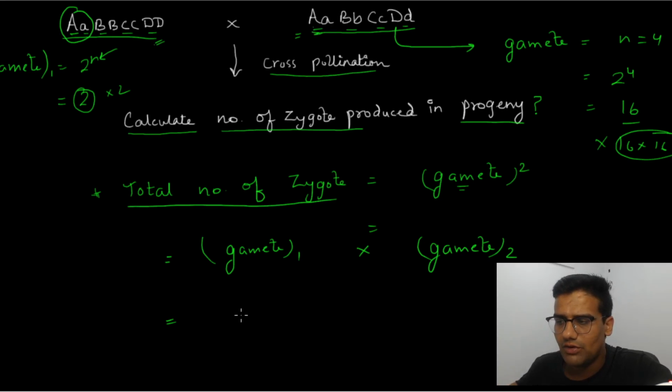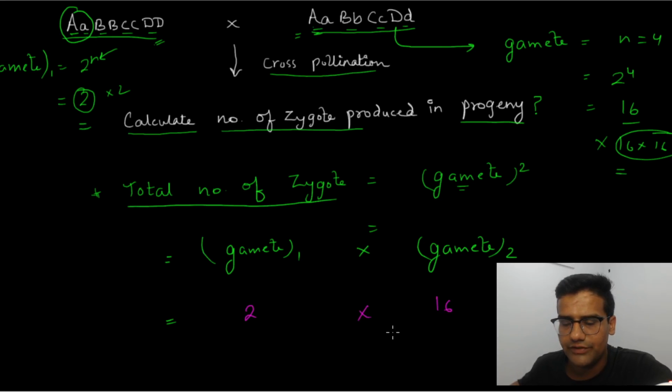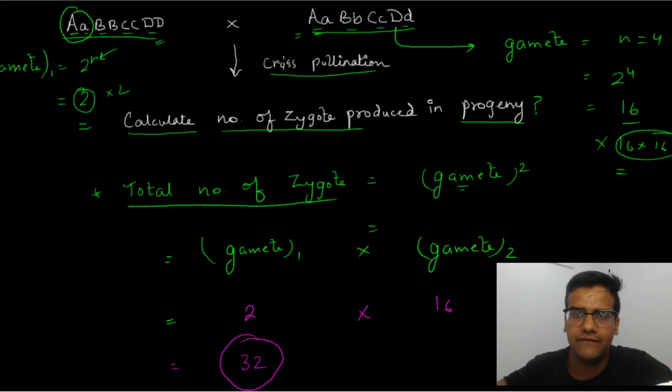So the total would be 2 into 16, that means 32 would be the total number of zygotes in this scenario.